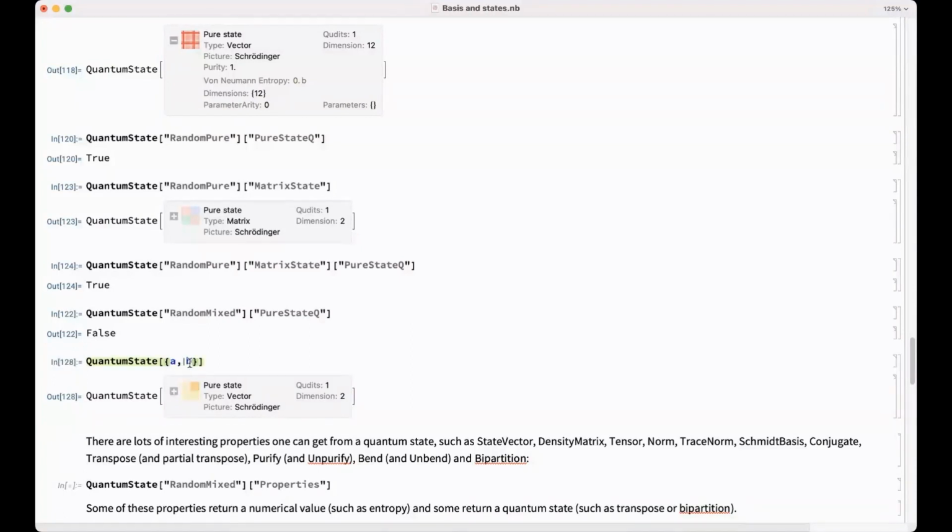When you have a matrix, maybe a symbolic one, for which it's impossible to compute eigenvalues or compare them, it's going to be an unknown state of matrix type. So these are the kinds of states that you can create. Okay, I hope it answers the question.